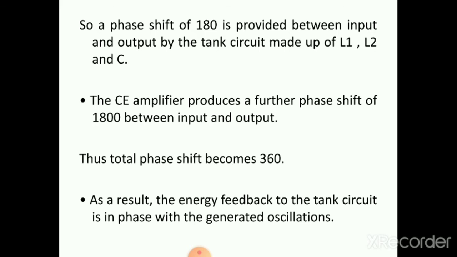So as a common emitter amplifier, it produces 180 degrees out of phase the input signal. The remaining 180 degrees must be produced by this feedback circuit. So the total phase shift will become 360 degrees.